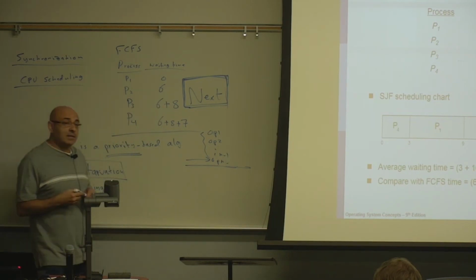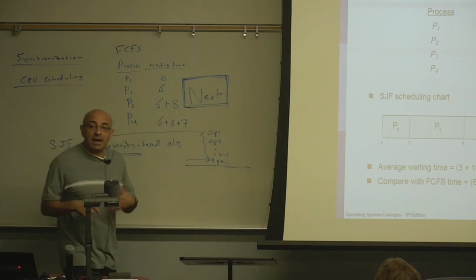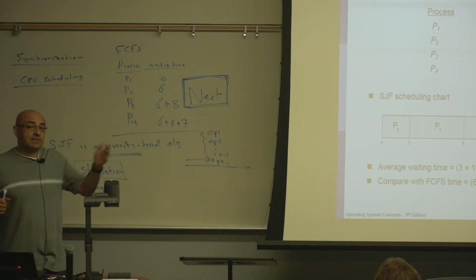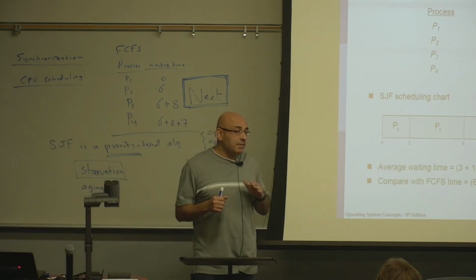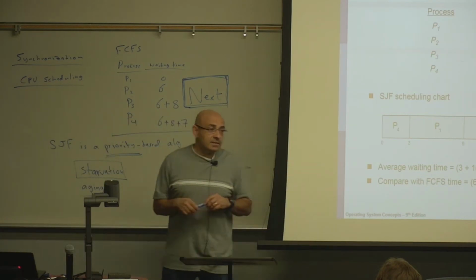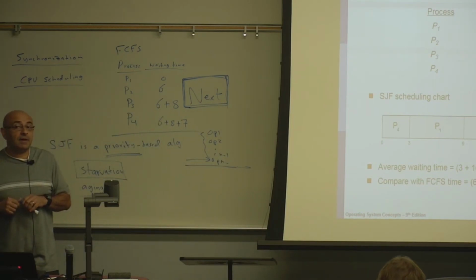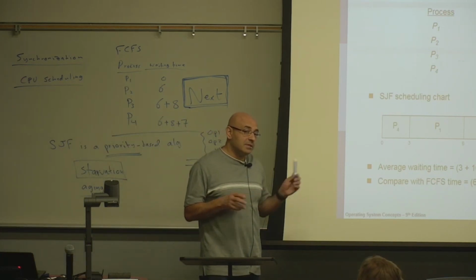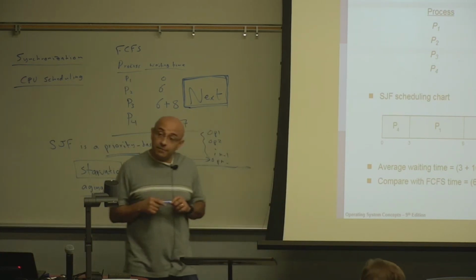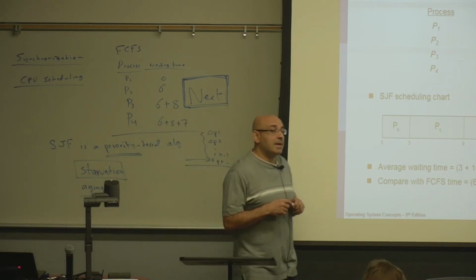So the system can track the lengths of the previous CPU bursts, and based on them, the system may try to predict the length of the next CPU burst. The system doesn't know the future, but it can predict the future using the past.